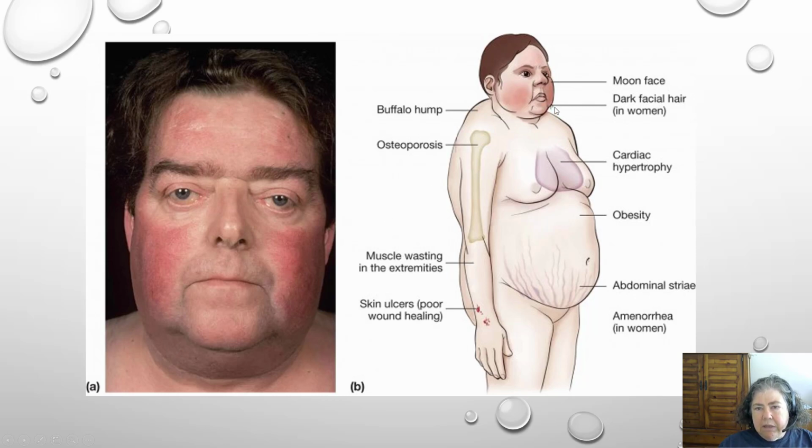Women frequently get facial hair, the dorsocervical fat pad, bone loss, osteoporosis, central obesity with thinner arms and legs because of muscle wasting, often poor wound healing, hyperglycemia, abdominal striae. They may get cardiac hypertrophy and fertility issues, amenorrhea in women.